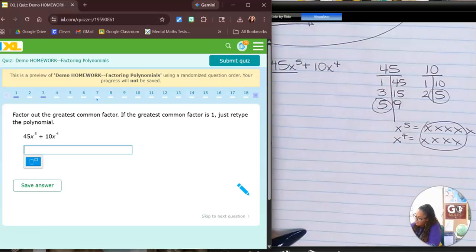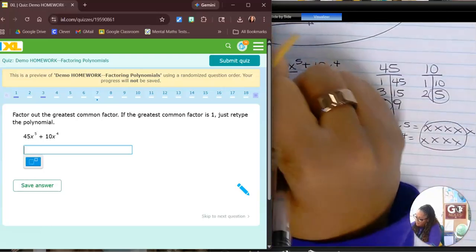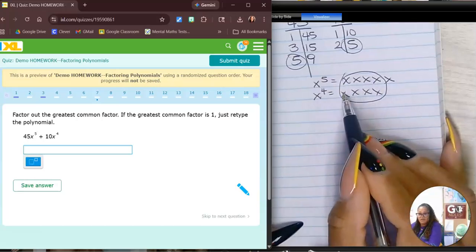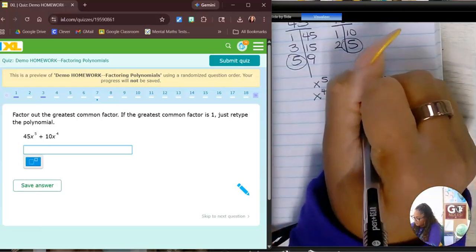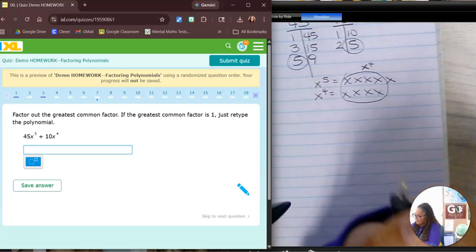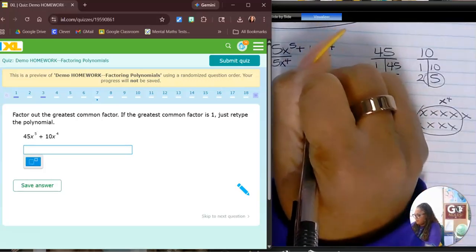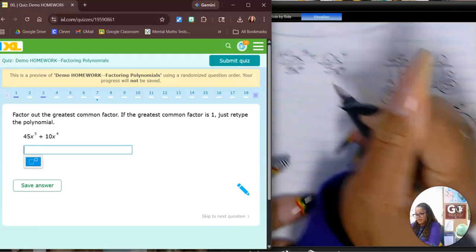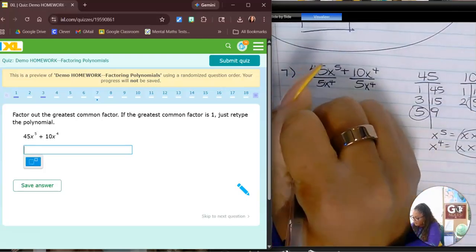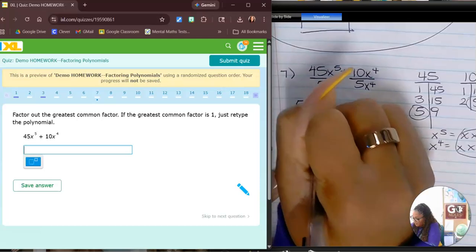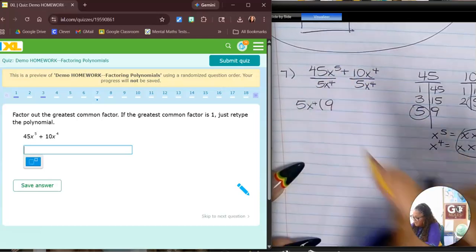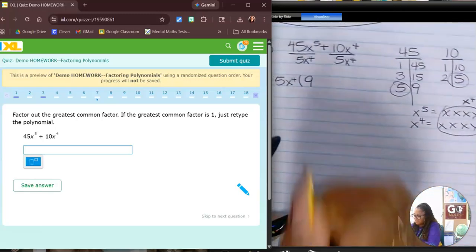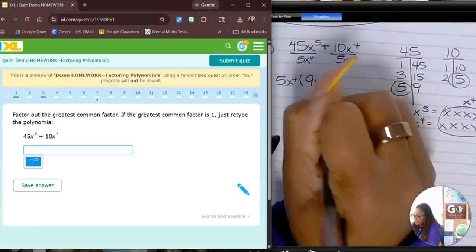So this is divided by 5x to the 4th power, because that's how many they have in common at the top, x to the 4th. And then divided by 5x to the 4th. These are going to cancel out. So I've got 5x to the 4th times 9, because that's what's left, and an x, because that's what's left.